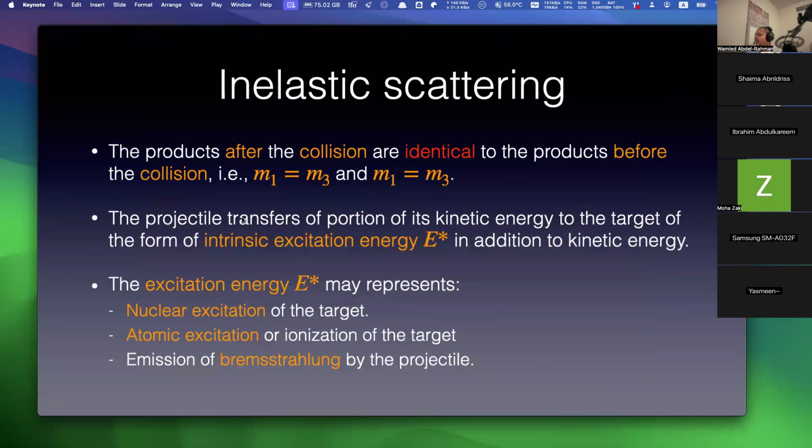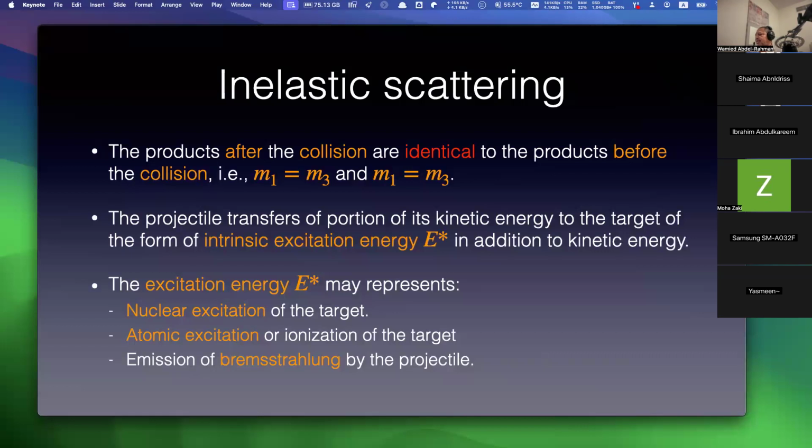In inelastic scattering, the projectile transfers a portion of its kinetic energy to the target in the form of intrinsic excitation energy in addition to kinetic energy. This means that when the particle interacts through an inelastic scattering with the target, it's going to lose energy, but that amount of energy lost is not necessarily gained as kinetic energy by the target.